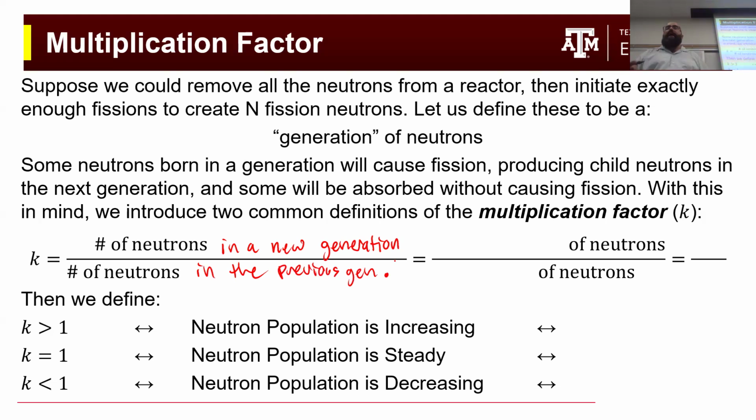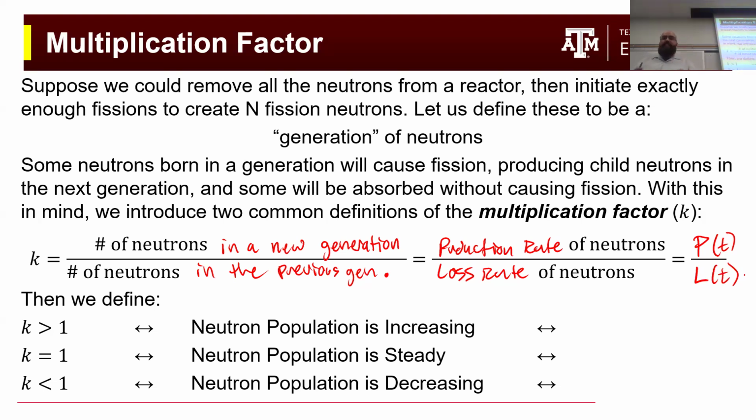Mathematically, it's probably easier to think about it as the production rate of neutrons divided by the loss rate of neutrons. P(t) is the notation we can use for the production rate, and L(t) is the notation for the loss rate.